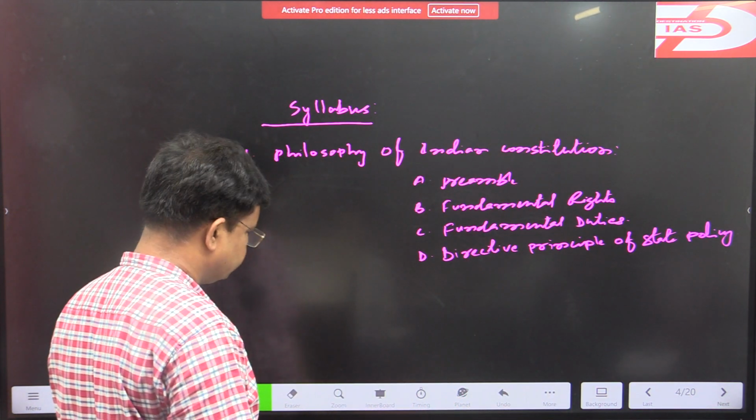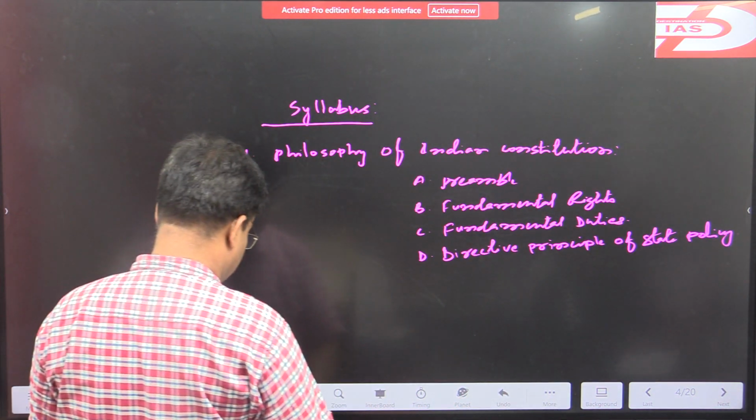Chapter number 1. Then chapter number 2.